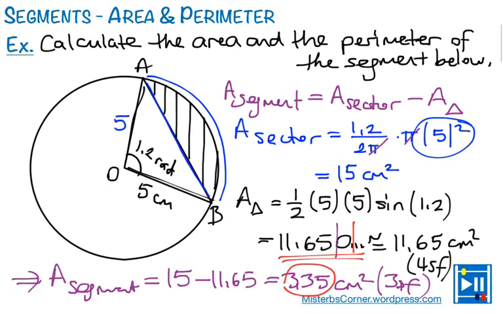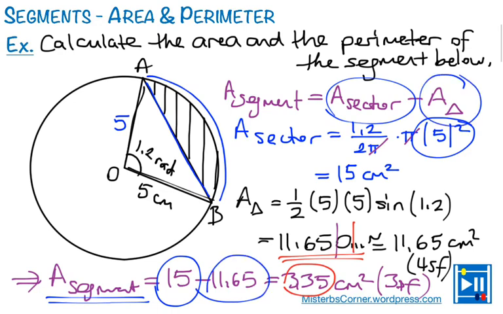As you can see, I ended up with a number which is already 3 significant figures. I didn't need to round it, so it could be a little bit tricky. It could not be accurate enough for this calculation. So we have to be really careful on rounding in the middle of our calculations, right? But the idea applies the same. The area of the segment will be the area of the sector take away the area of the triangle. That's how we find the area of the segment.